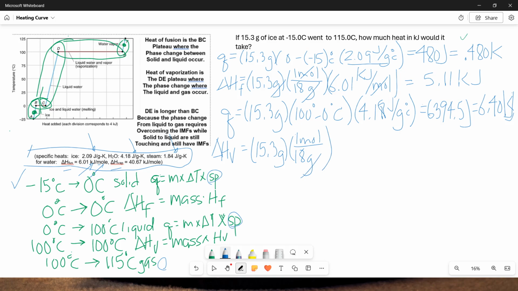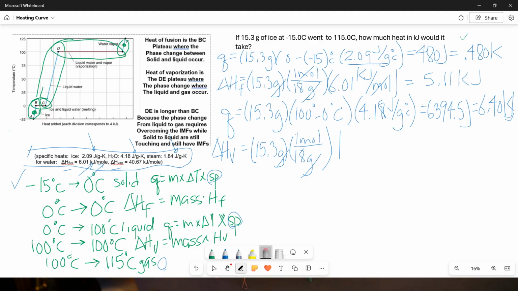And that will get us out of the gram unit. And then I'm going to take it times the heat of vaporization constant, which is 40.67 kilojoules per mole. And of course, those moles are going to divide out. And then my calculator, when I multiply across here, is going to be 34.6 kilojoules.